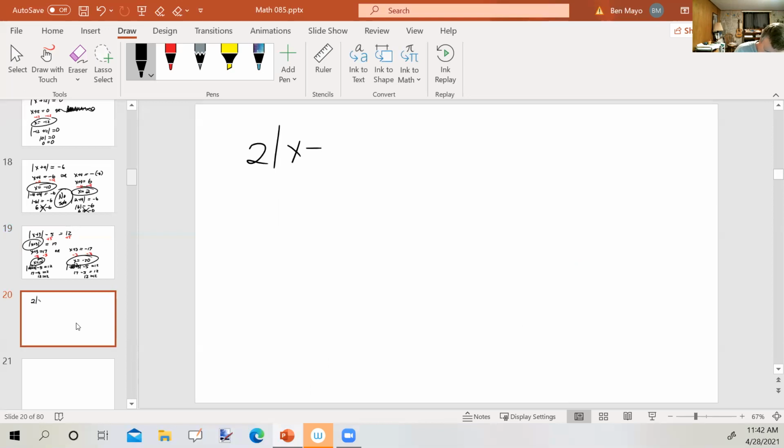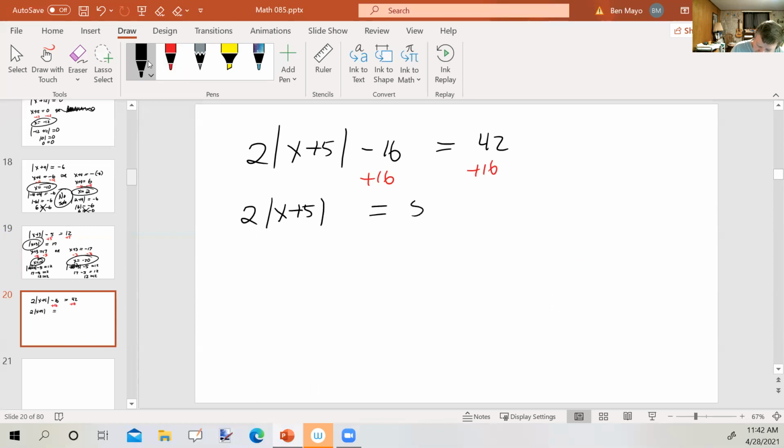Okay, now let's say we've got something like this. 2 times the absolute value of x plus 5 minus 16 equals 42. Okay, so again, I want to isolate the absolute value term completely before doing anything else. So my first move is going to be to add 16 to both sides of the equation. That's going to be 58. My next move, I'm not going to distribute the 2 inside the absolute value bars from the outside. I'm going to divide both sides by 2.